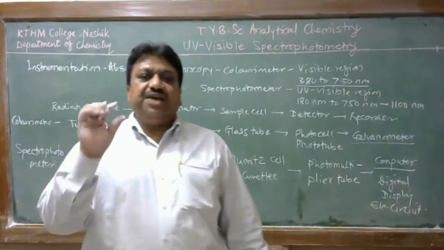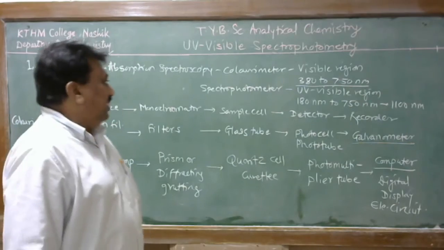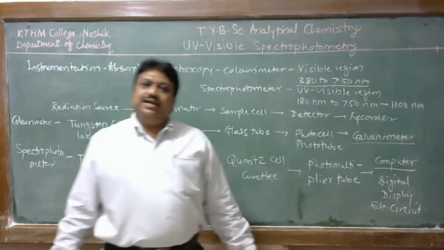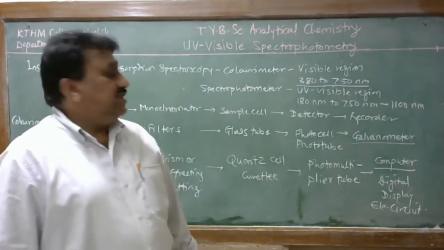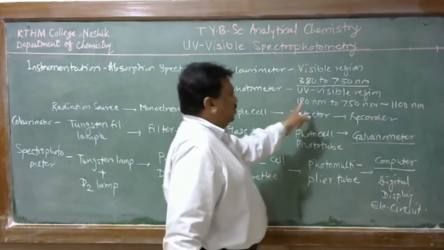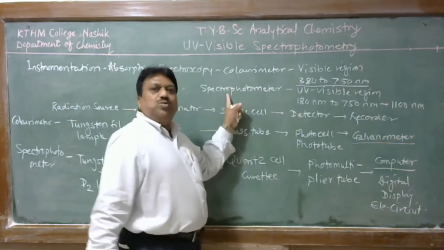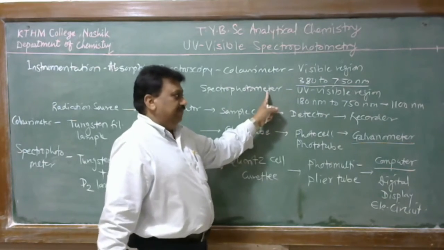These radiations are visible. That means we can view this radiation. But radiation from 180 to 380 nanometer, that is ultraviolet, we do not observe. And in this ultraviolet to visible region, a spectrophotometer can measure the decrease in radiant power of the sample.